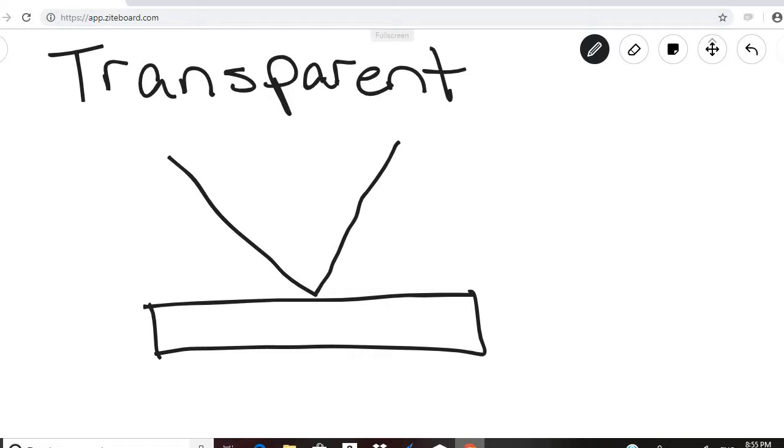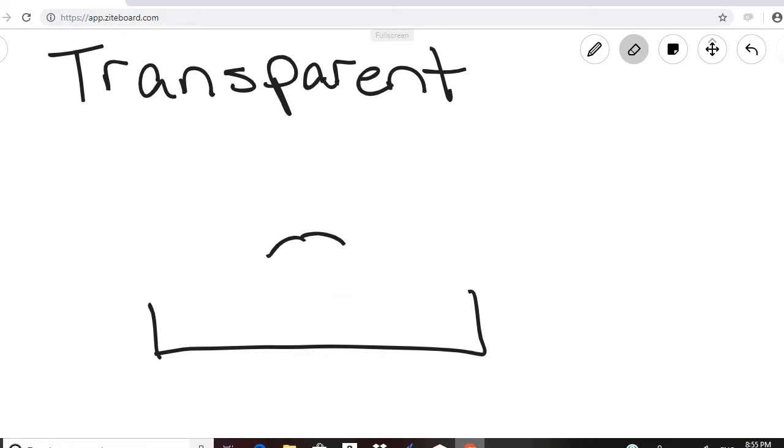And the law of reflection will tell us that this angle will be equal to that angle for the reflected beam. But then another part of the light will actually bend a little bit.